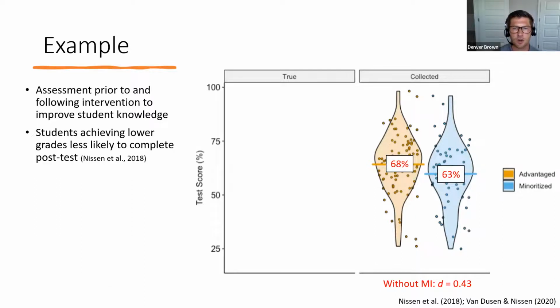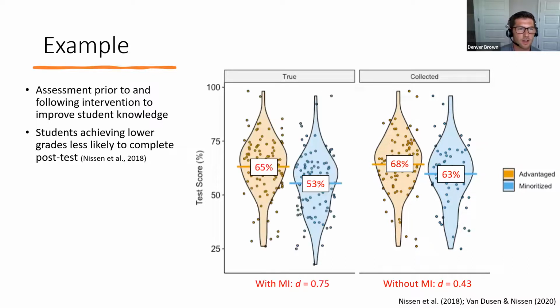So there's a Cohen's d effect size in the small to medium range at 0.43. Now, listwise deletion of these data would lead to more students who earn C's and below being removed from the data set, which would bias findings to reflect the outcomes of top performing students. This hides much of the impact of the structural barriers to success for minoritized students by disproportionately removing data from these students.